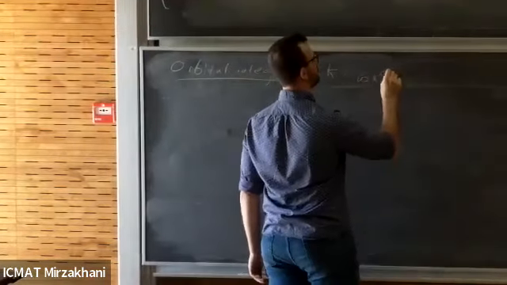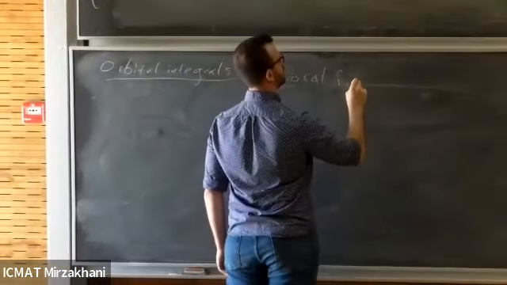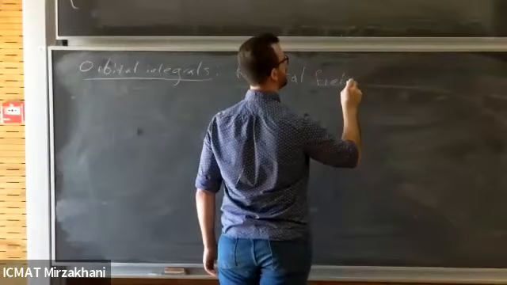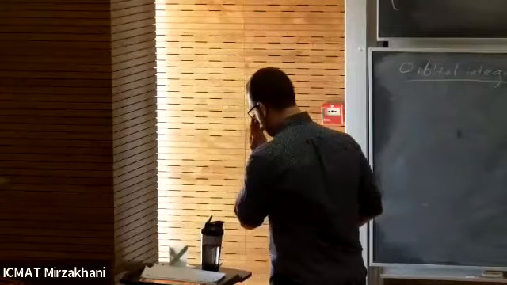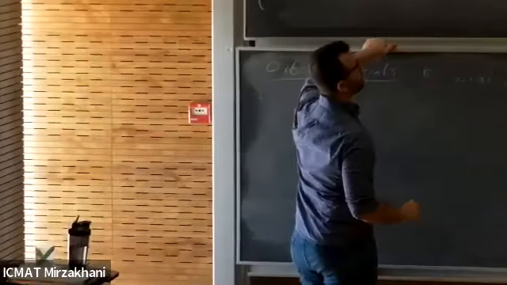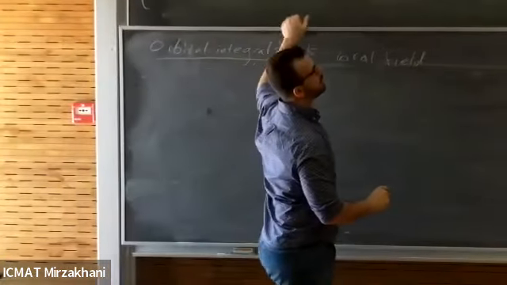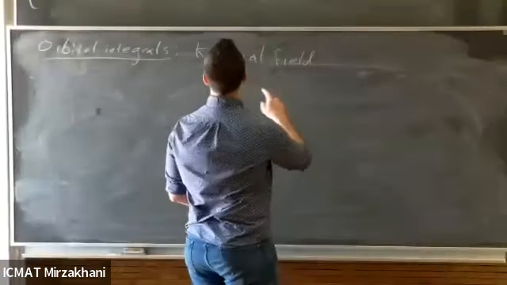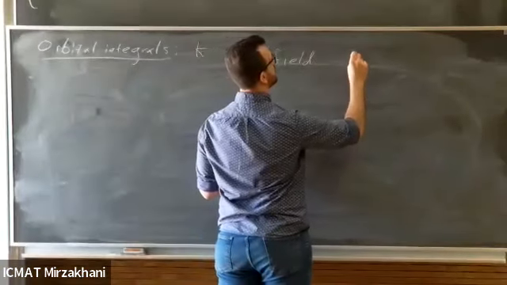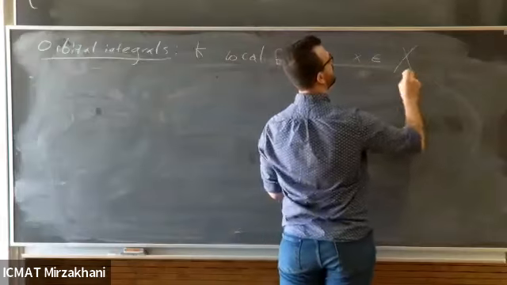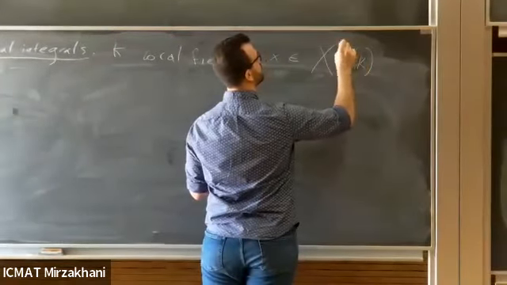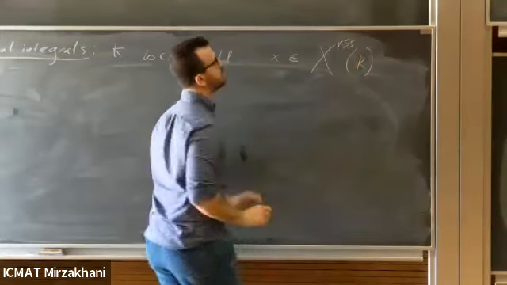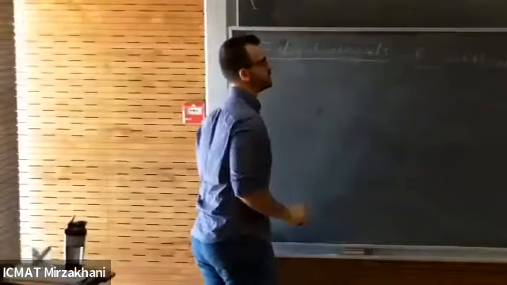So also when I'm working with a local field like Q_p or R or C, I'll let X be a point in the corresponding symmetric space over my field, and I'll assume that it's regular semi-simple in the usual sense.